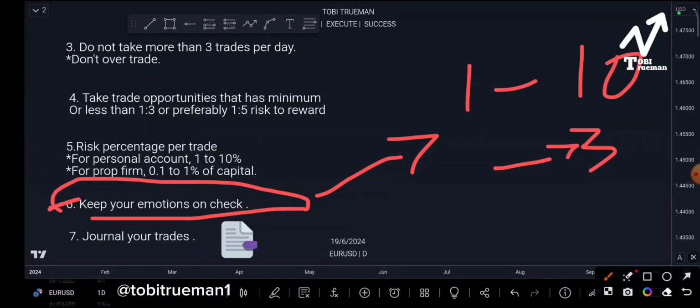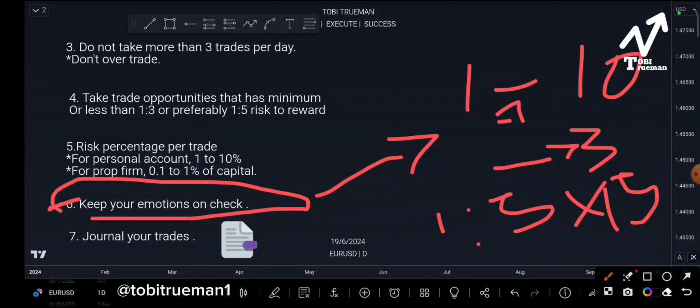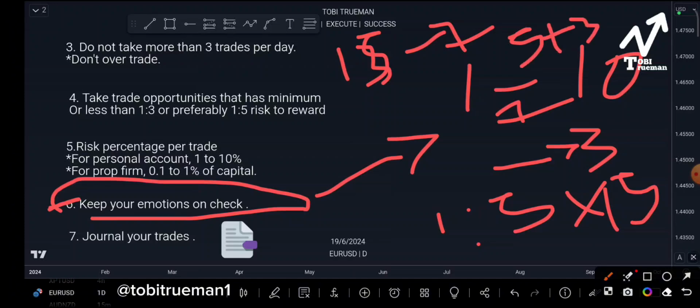If you win 3 trades and you are risking 1 to 5, you can see that 5 times 3 is 15, and you have lost about 7 trades before. So by the time you remove 7 from 15, we still have 8, because 15 minus 7 is 8.